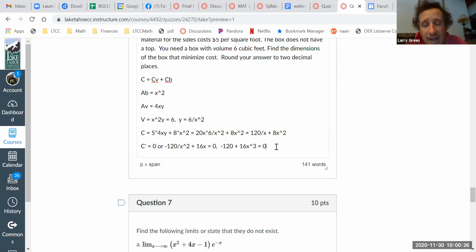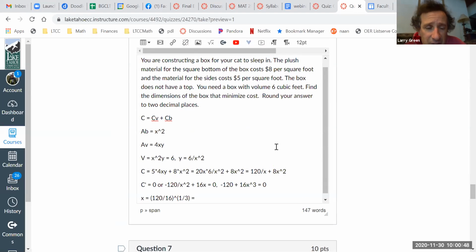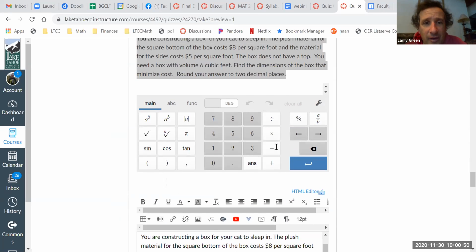Then add 120, divide by 16, and take a cube root. So x is going to be 120 over 16 to the 1/3 power. And I want 2 decimals, 120 over 16 to the 1/3.